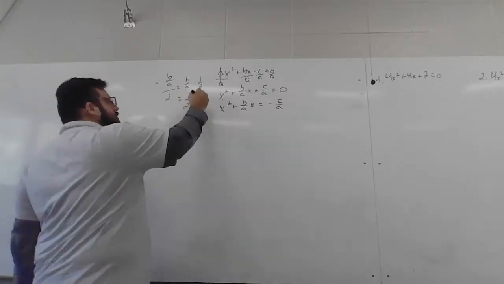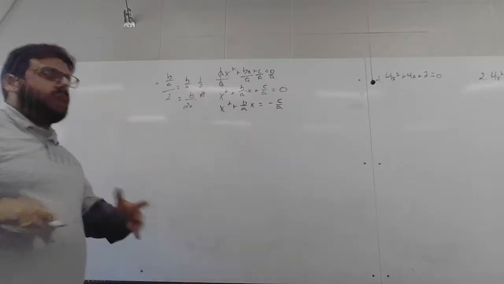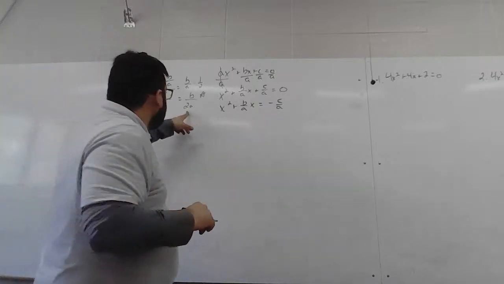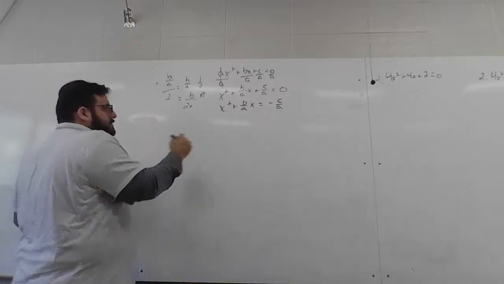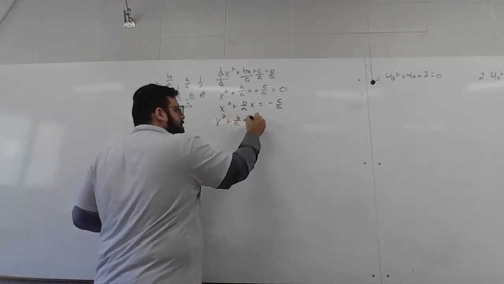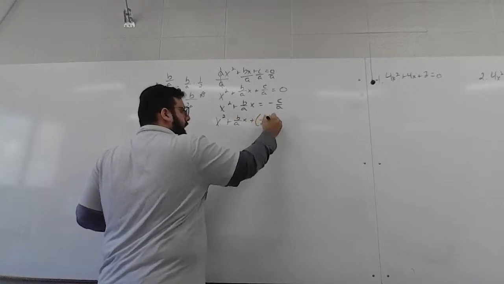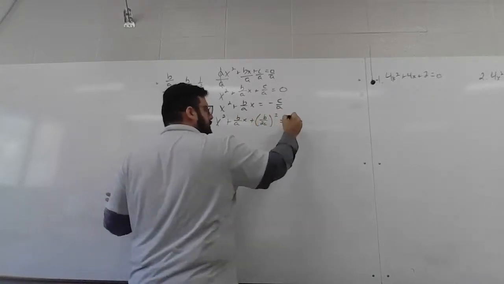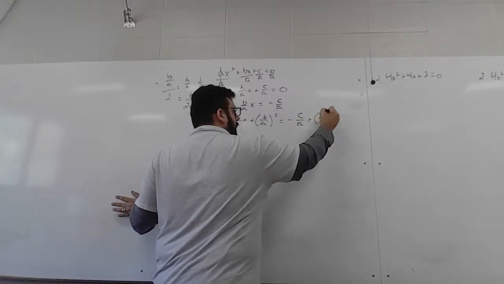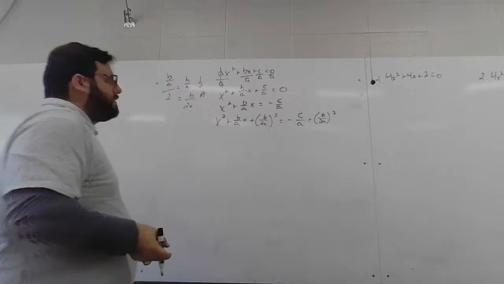When I complete the square and factor the perfect square trinomial, that's going to be part of the factor. But now I need to go ahead and square it, right? So that's x squared plus b over a x plus b over 2a squared equals negative c over a plus b over 2a squared. All right?